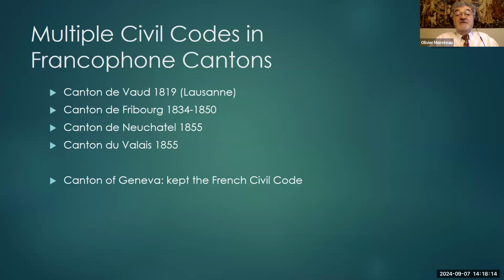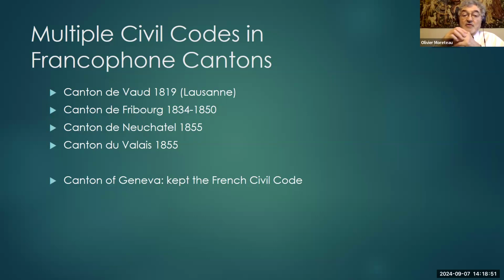Switzerland has had multiple civil codes. It has been impacted by the French Civil Code because the city of Geneva had been annexed by France, so the French Civil Code was applicable there. And in the first half of the 19th century, several cantons adopted civil codes. That is the case of Canton de Vaud, the canton around the city of Lausanne, in 1819.